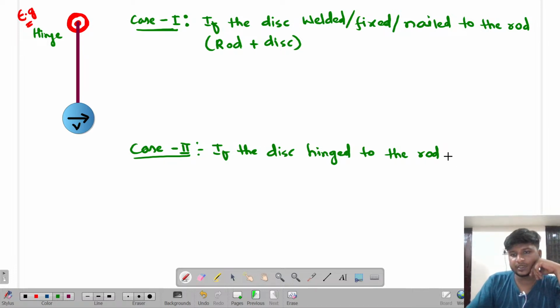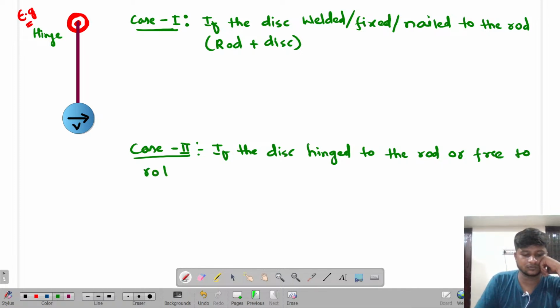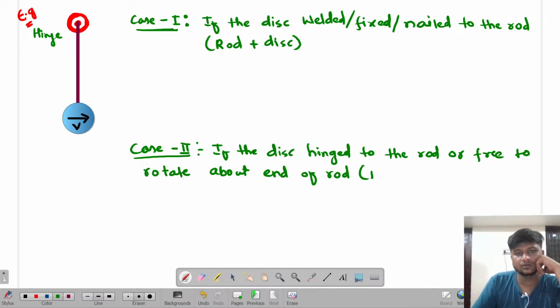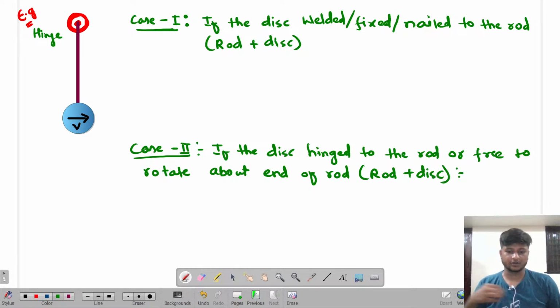Or you can say free to rotate about the end of the rod. Then rod plus disc, which kind of system is it and which kind of motion is it? Try to do it. I'll just bring some water, okay?